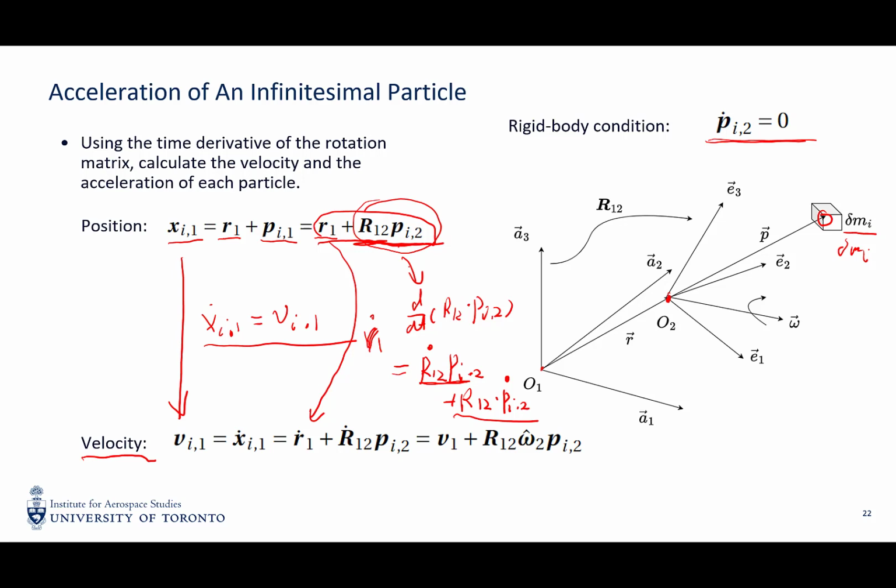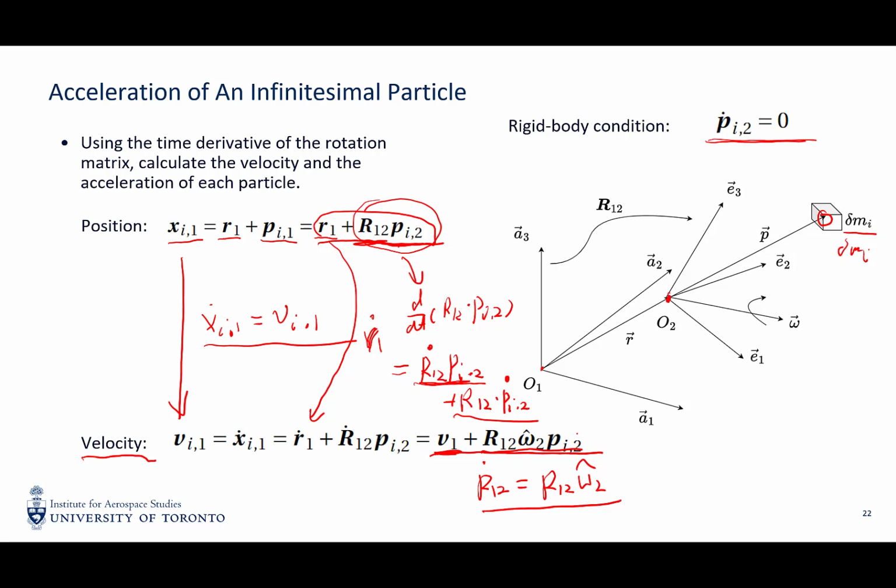So for this time derivative, we only have one term left, which is R12 dot times pi2. And we're going to replace R12 dot with R12 times omega2 hat, because there's a relationship between the angular velocity and the rotation matrix. Okay, so the final form is this: the inertial velocity of this point mass is equal to the inertial velocity of the body fixed frame plus a velocity induced by the angular velocity of the body fixed frame.